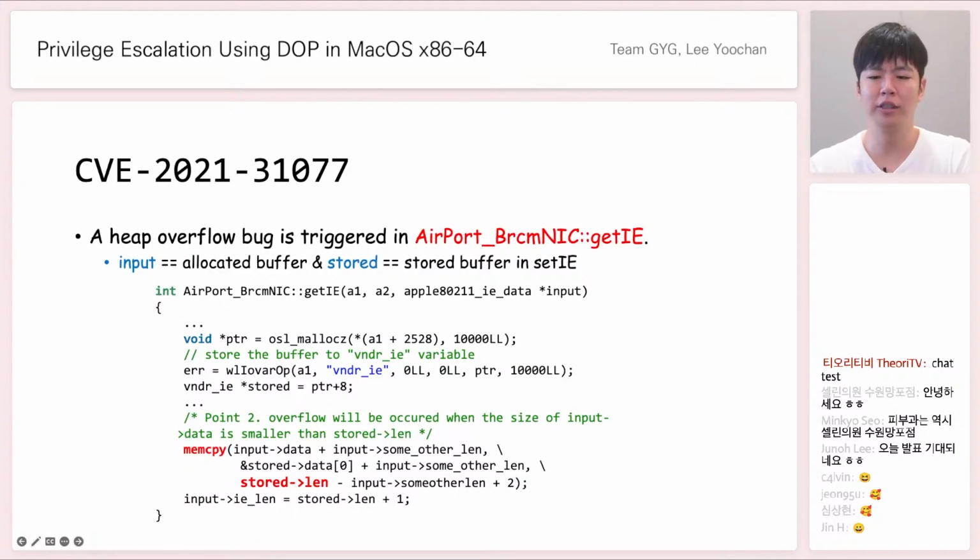Let's follow the getIE in the Broadcom NIC kernel extension. It gets a buffer from vendor IE, and it executes a memory copy from the stored buffer to the newly allocated buffer. But the length field of the memory copy is something strange, as you can see. The length from the stored buffer is used as an argument.